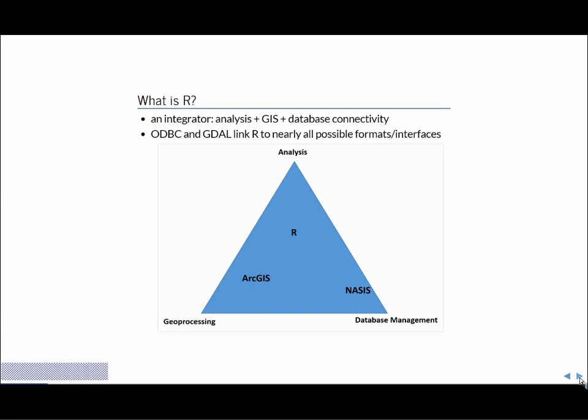But the great thing is, with the connectivity between all the different software these days, we're able to leverage all of them within R. So I can call another GIS from R, I can call NASIS from R, and it's not important that you do all of your analysis in ArcGIS or all of your analysis in NASIS, because each of them has its inherent strengths. What we'd really advocate is using the three in combination and getting the best out of each of the different systems.